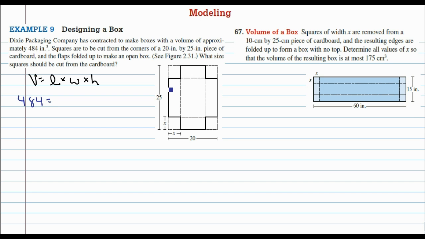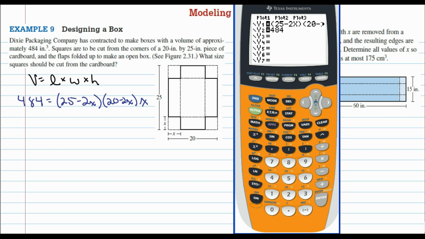The length is going to be 25 inches minus the 2 x's we're going to cut off of each side, so 25 minus 2x. The width is going to be 20 minus the x on either side, so 20 minus 2x. And then the height, once you fold those up, is going to be x inches, basically the dimension of the corner that I cut out.